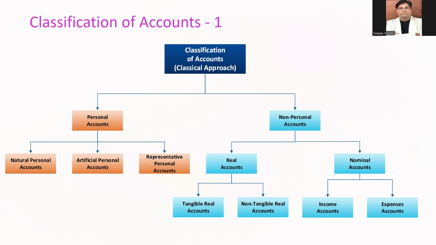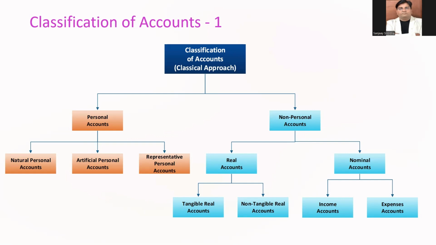Instead of that, we create a capital account to track the transactions related to the amount invested by the owner in the business. Similarly, for any amount that is withdrawn by the owner from the business, we don't create an account in his name or her name. Rather, we create an account named drawings account. So the capital account and the drawings account are the accounts which represent the owner. That's why these are termed as representative personal accounts.